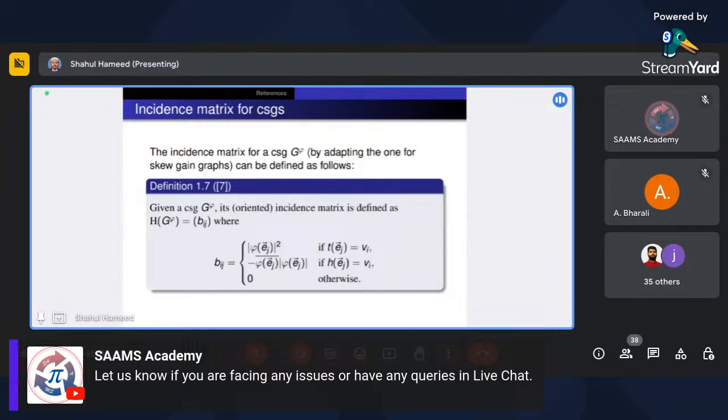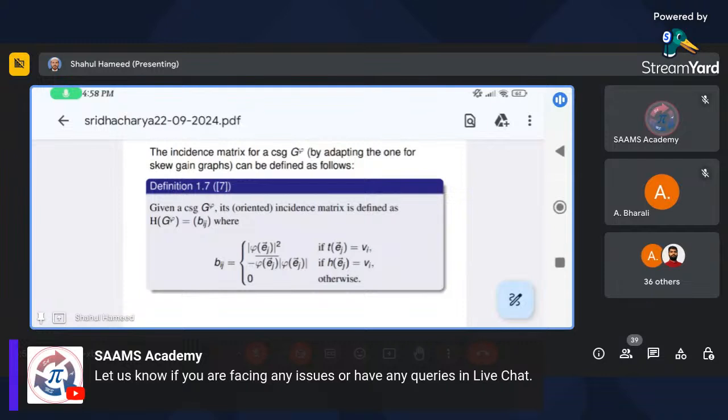We have to separate the tail and head part of the edge. Then if it is the tail, we assign Bij, corresponding to the column of the edge, as mod phi Ej square, and we have to take it as minus for the head of the corresponding edge, and so on.